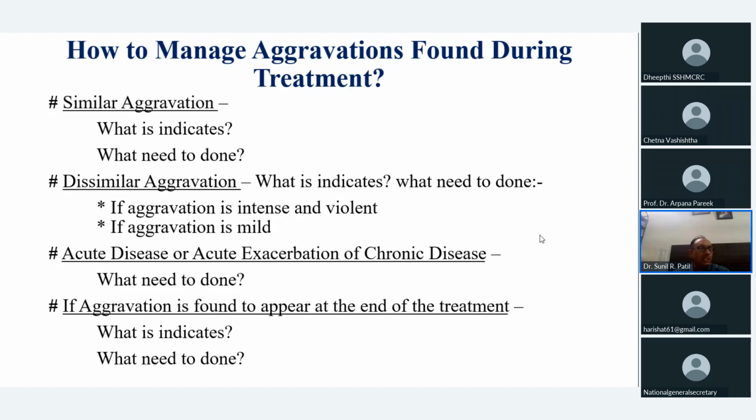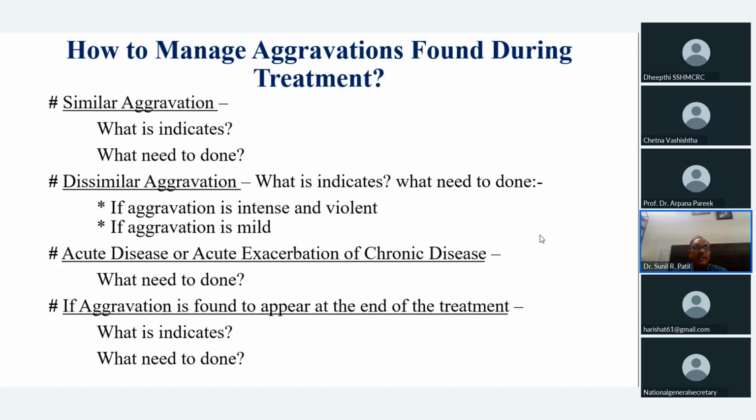Second, once the action of the first remedy is antidoted, the case needs to be taken fresh. Third point, the new homeopathic remedy must be selected on the basis of the new totality of symptoms.